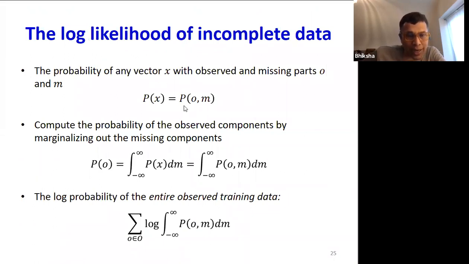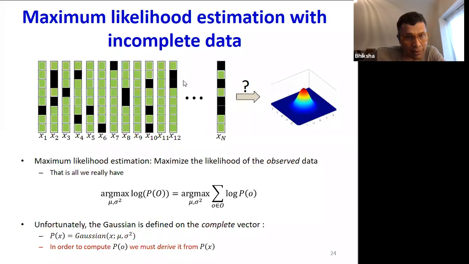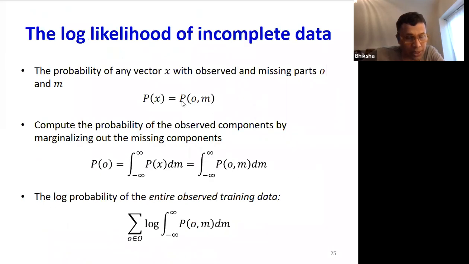For every vector, I can sort of separate out the observed. I can write a vector has many components, so I can write the probability distribution in terms of all of the individual components. So the vector has observed components O and missing components M. To get the probability of the observed components, I have to marginalize out the missing components by integrating them out.